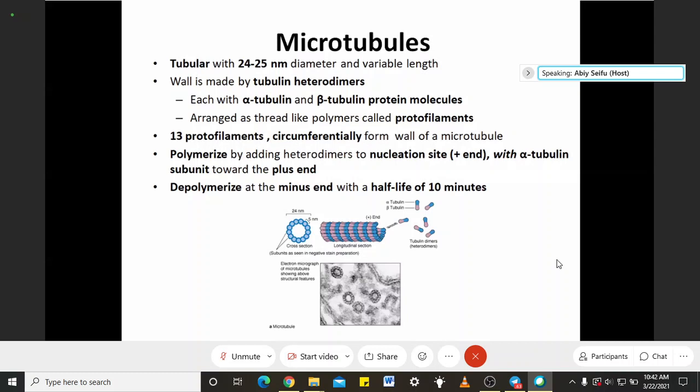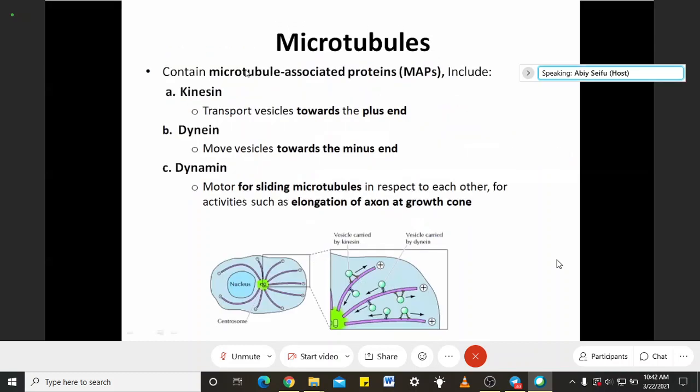Instead, the vesicles are not transported within the lumen. Instead, they are carried over the surface by the use of these microtubule associated proteins, like this one here. Look at this. This is a microtubule which has a plus and a minus end. I told you microtubules are polar.